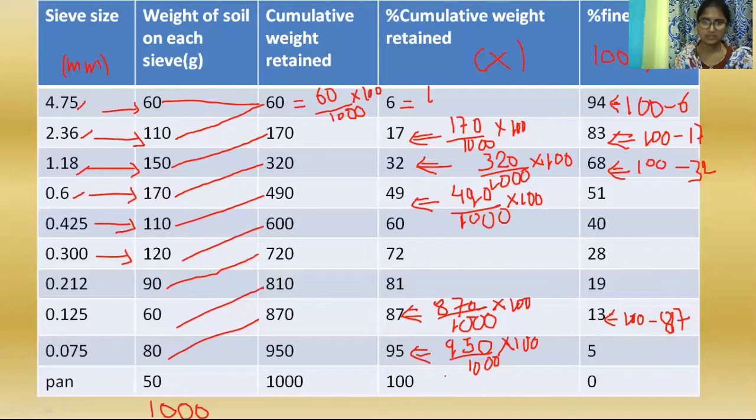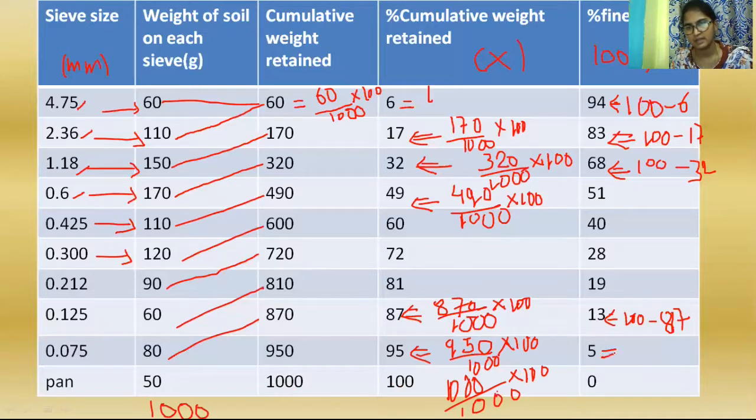Next, 1000 by 1000 into 100; since we took 1000 before the test, we get a direct 100 value.